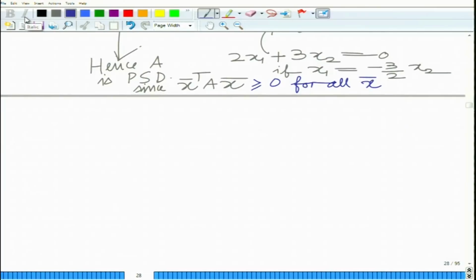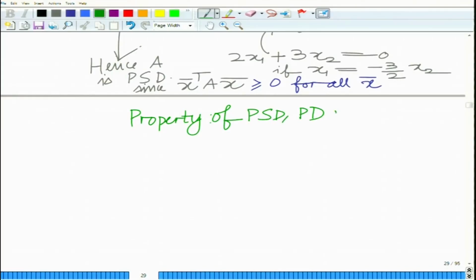Let us look at a property of positive semi-definite matrices. Let us look at a very interesting property.